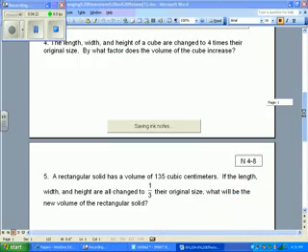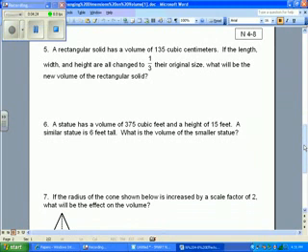So let's take a look at this number 5. Again, like that one 2 problems ago on number 11, where it said the glass tabletop was a fourth of the radius of the large, this one is telling me that all their dimensions are changed to a third of the original.